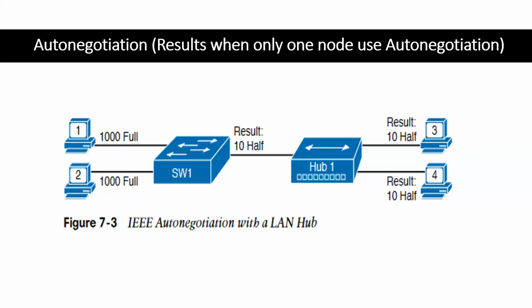Cisco in the book doesn't know how any of these other devices work, but Cisco does teach you and go over how it reacts to auto negotiation in those two scenarios, if both sides are using auto negotiation, or if the other device is not. So that is auto negotiation.